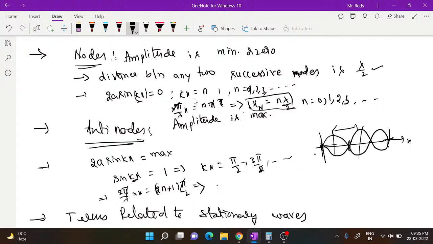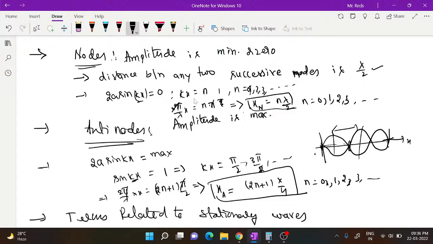Hence the positions of antinodes are given by x equal to (2n plus 1) lambda by 4, where n takes values 0, 1, 2, 3 and so on.